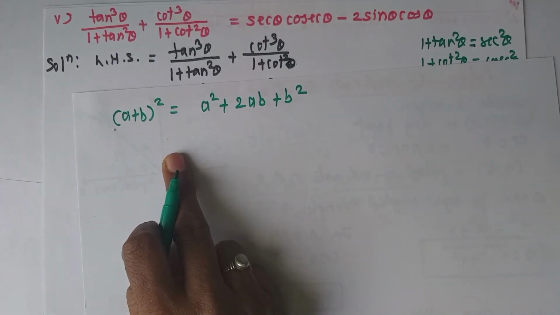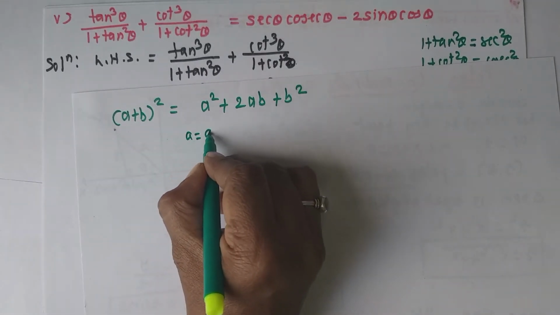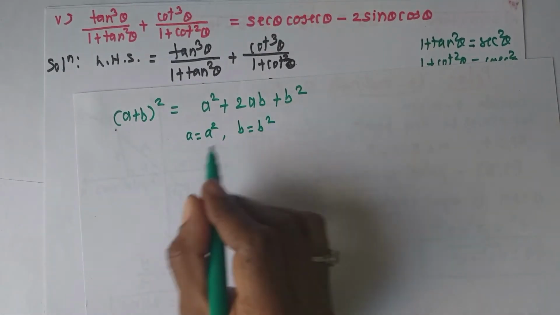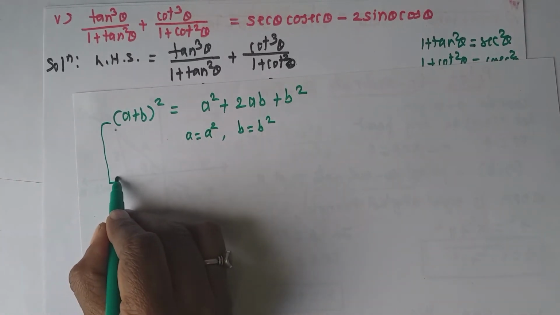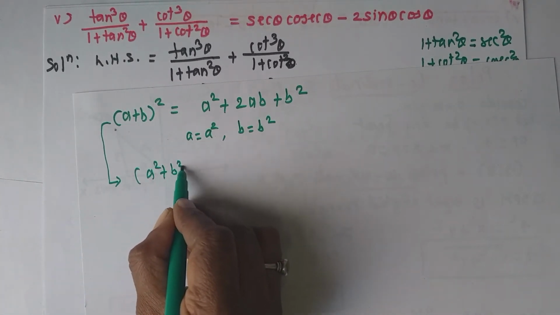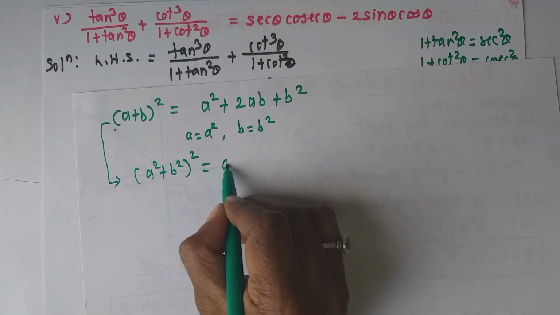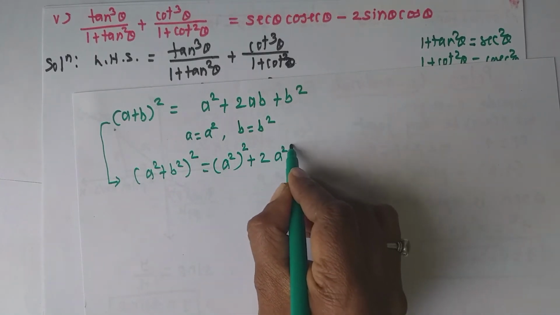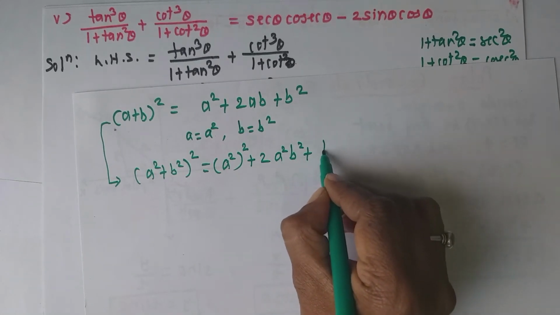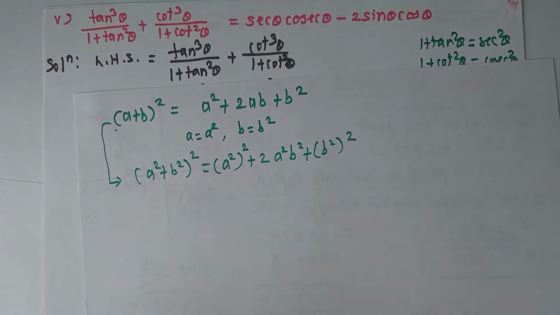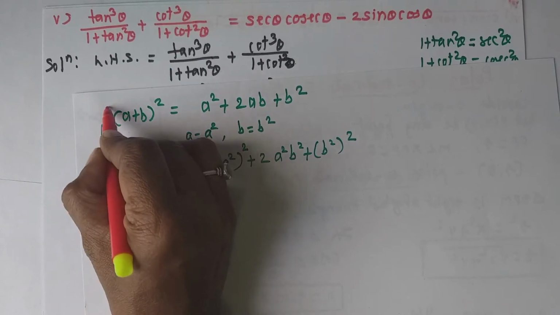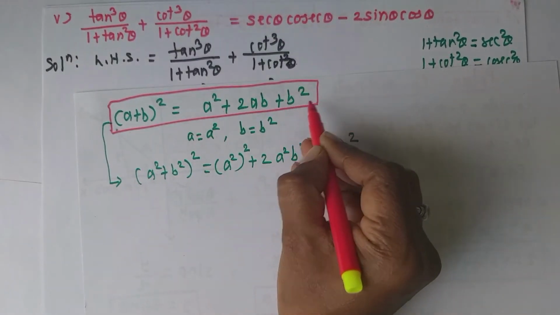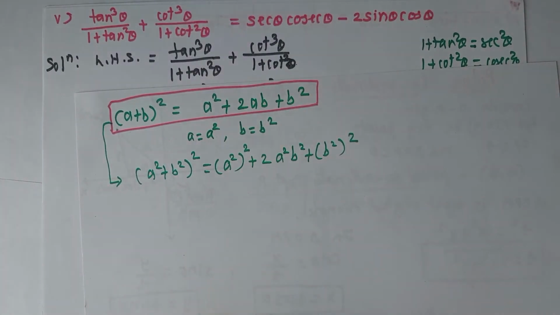Now in this equation, instead of a, if I keep a square, and instead of b, if I keep b square, then this equation will get transferred to a square plus b square, its square. This will be a square and its square. Okay. 2 times a square b square plus b square its square. In this equation I am only keeping, instead of a, a square, and instead of b, b square. Then this equation gets transferred to this.